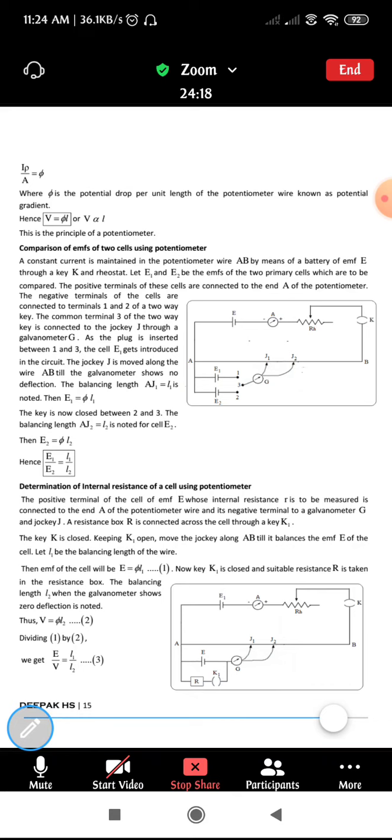The key K is closed, keeping K1 open. Move the jockey along AB till it balances the EMF of the cell. Let L1 be the balancing length of the wire.